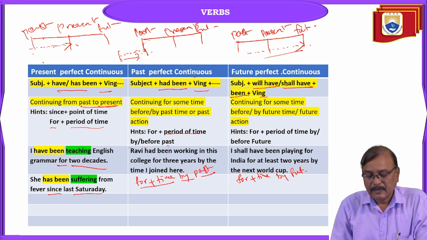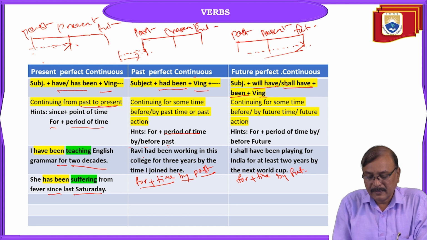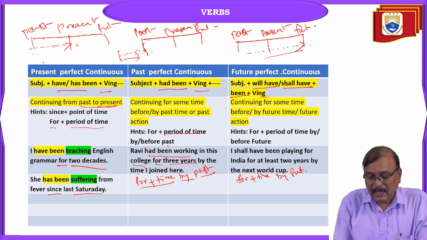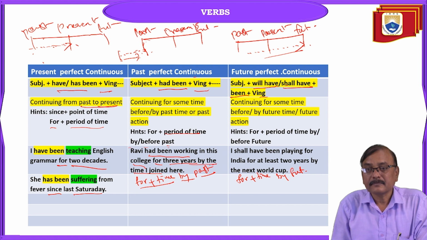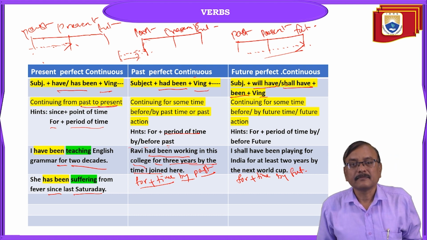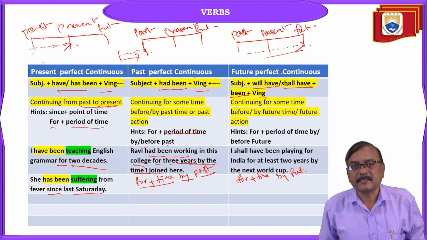So here, past in past, for some time by past. Here is an example: Ravi had been working in this college for 3 years, by the time I joined. I joined here last year, last August.